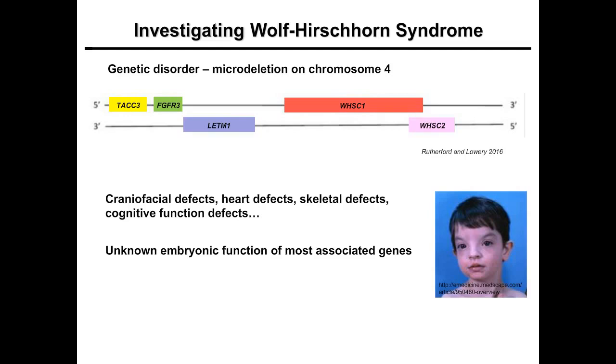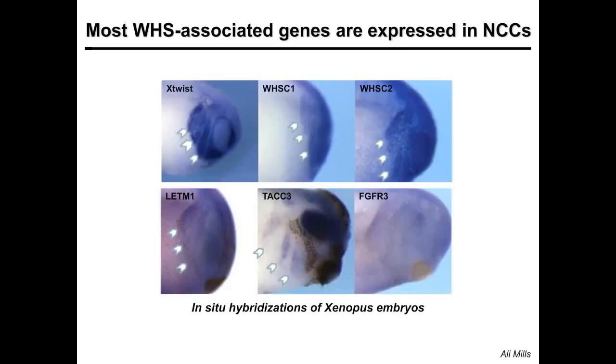And so we thought that our system would be a really great model system to finally investigate how the proteins encoded by these genes might be playing a role during Wolf-Hirschhorn syndrome onset. And we wondered specifically if Wolf-Hirschhorn syndrome might be a neural crest cell migration disorder, or if at least that's part of the contributing factors to the phenotypes.